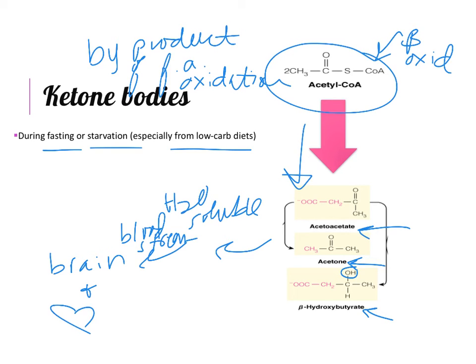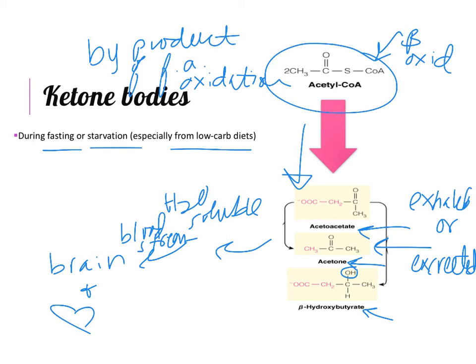And they cross the blood-brain barrier readily. They're very small. Acetone is actually exhaled or excreted. So it's mostly beta-hydroxybutyrate and acetoacetate that are the 2 that are going to be used by the brain for energy. So I'm just going to kind of say that all again.